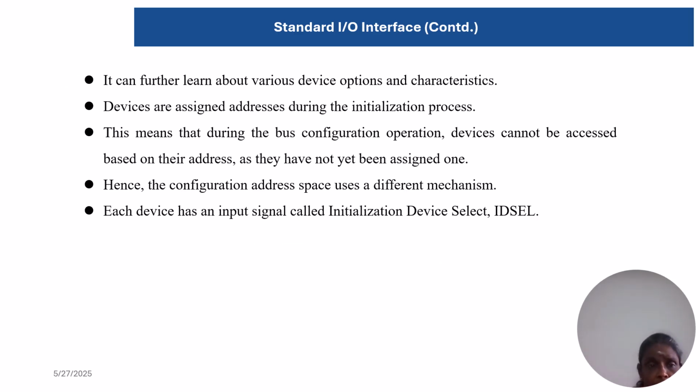So it can further learn about various device options and characteristics. Devices are assigned addresses during the initialization process. One more point we need to note: one processor may be connected to several devices, but not all devices will have a connection to the main host computer.